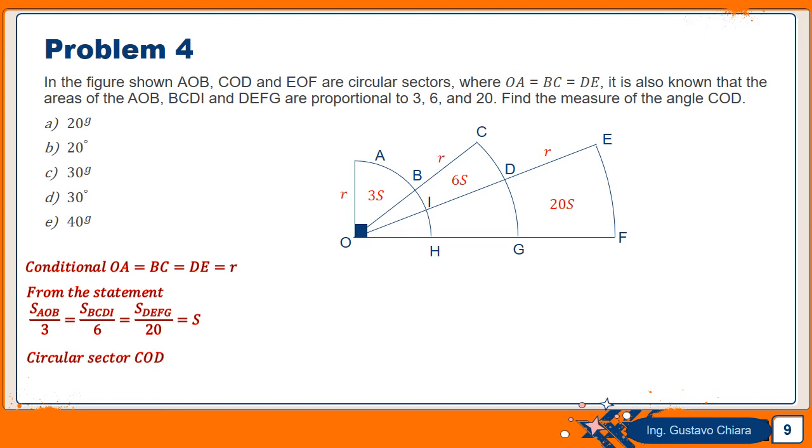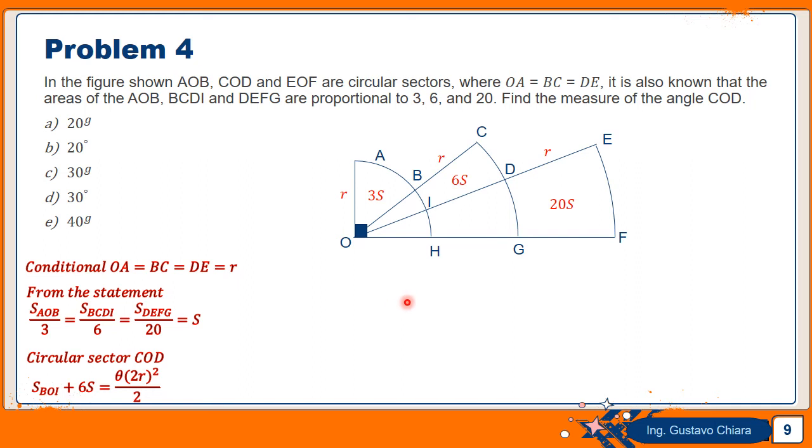Well, circular sector COD. In this circular sector, we need to use in the same way the expressions. In this expression, we need to use the formula that only uses the angle and the radius.